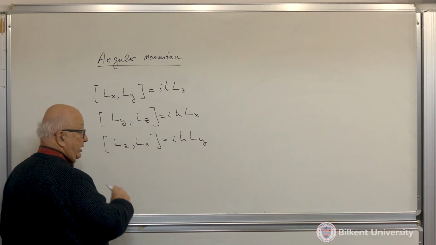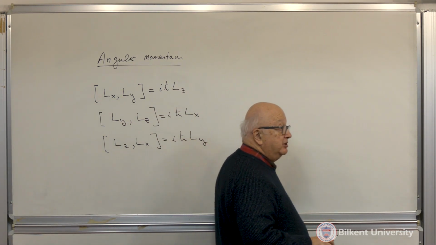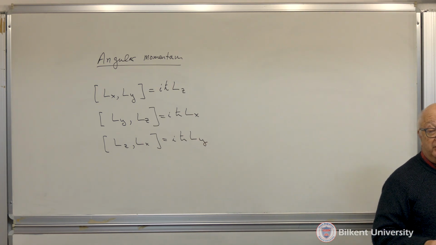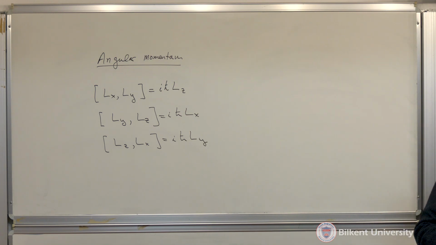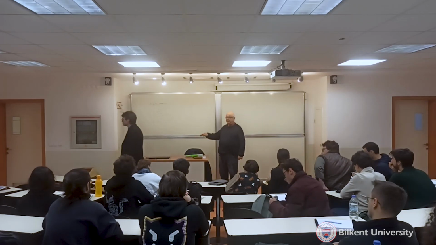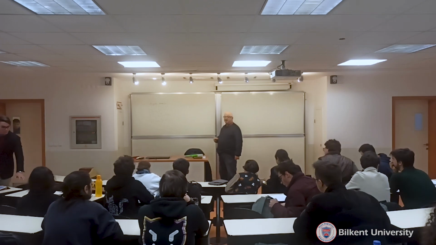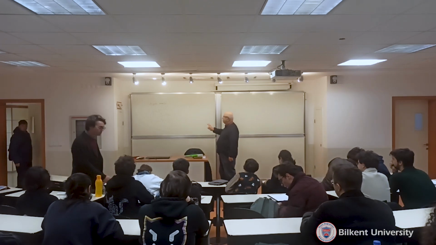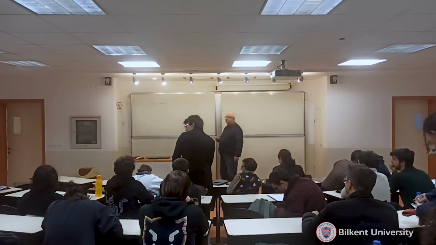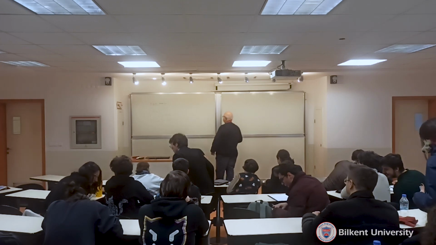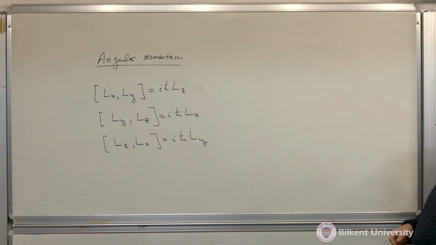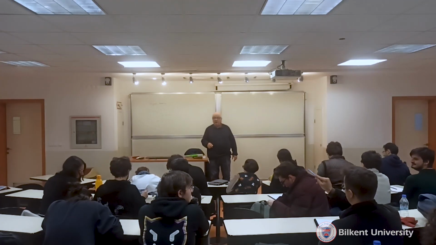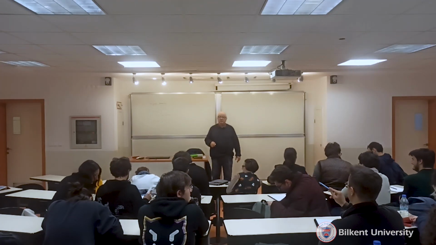And actually we'll be just using these three commutation relations, and it's amazing how much information we can extract about the angular momentum states just starting from these three commutation relations. So angular momentum is a vector.